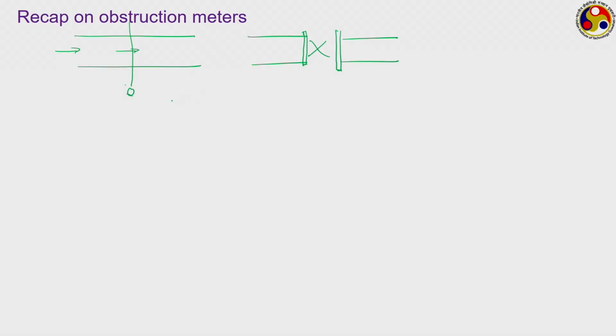If we are talking about an orifice flow meter, then between these two flanges we incorporate just a plate having the same outer diameter as the original tube, with a small orifice in between. This portion is solid, blocking the flow, and only the small circle in between allows the fluid to flow through. This is what we have in case of an orifice meter.